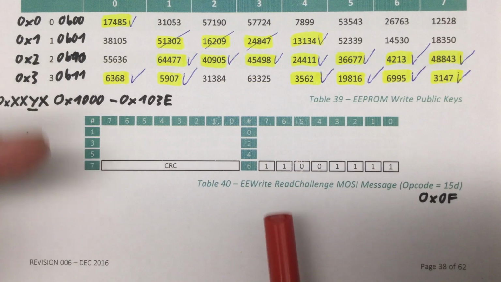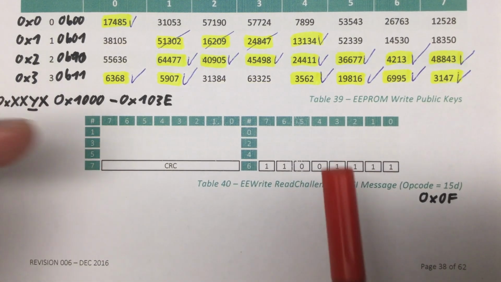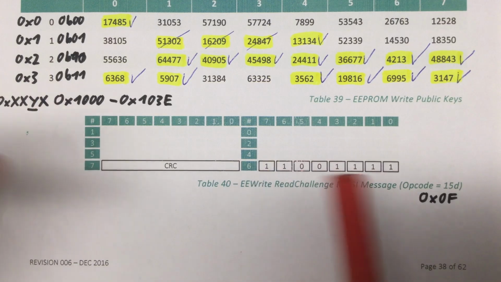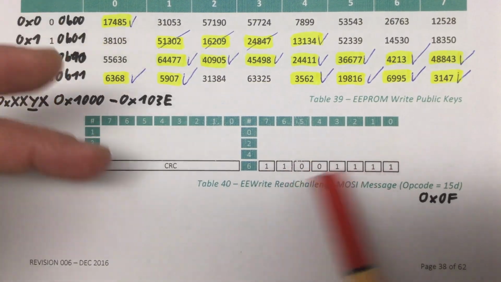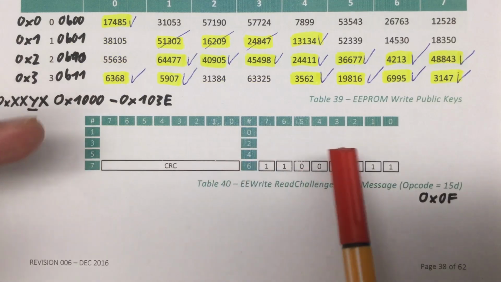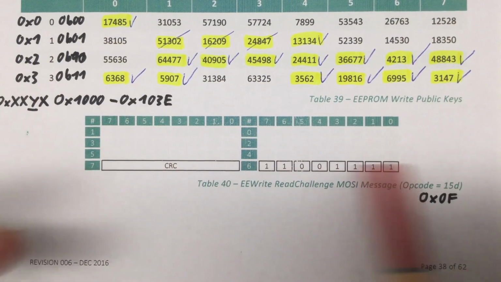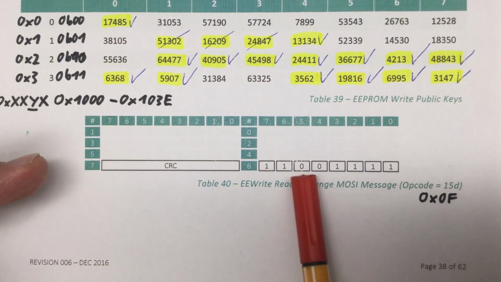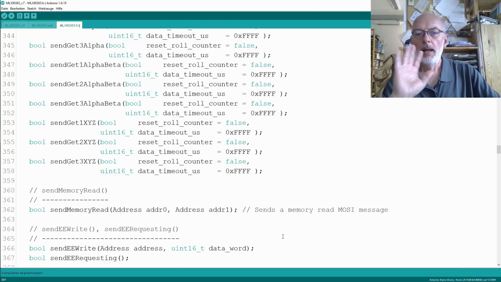The next MOSIMessage in our sequence, EERequest, at least that's what it's called here in table 40, is really primitive, and I called it EERequesting, that is requesting the challenge from the slave. It's an empty message just containing the marker, the opcode, and the CRC. The implementation is equally primitive.